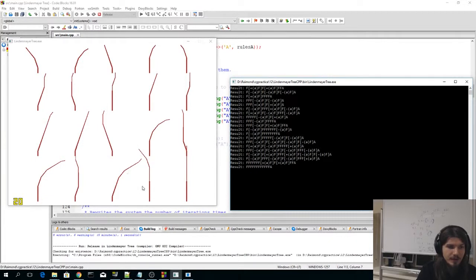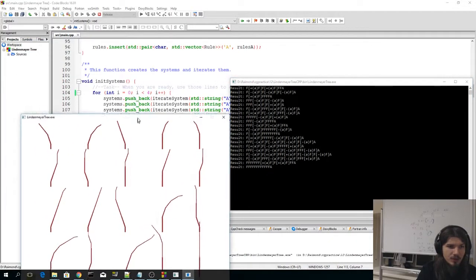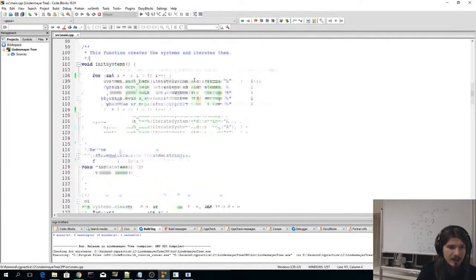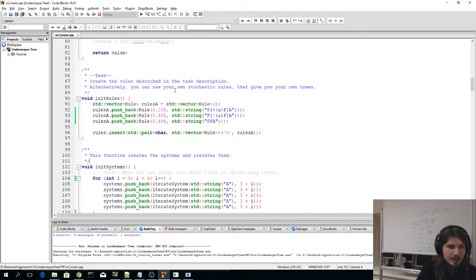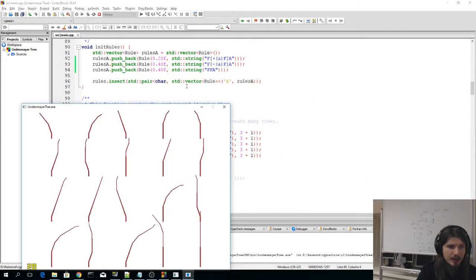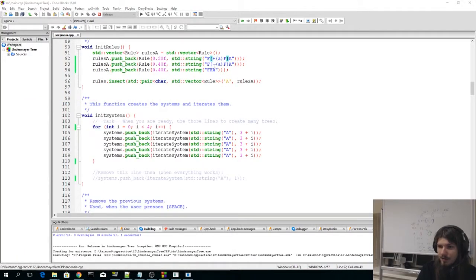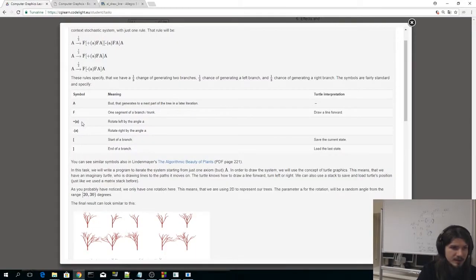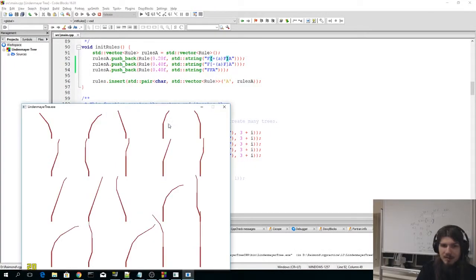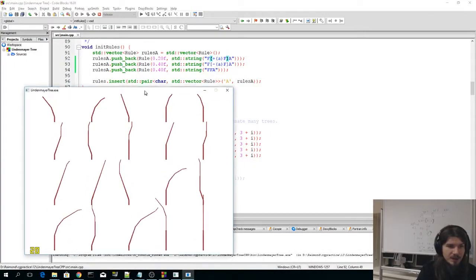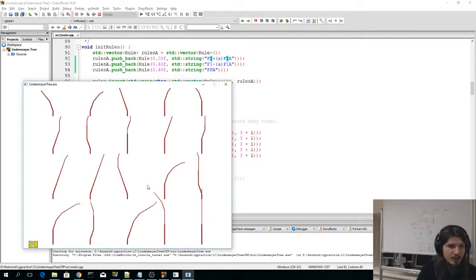and this maybe kind of looks okay. So what do the rules say? The rules said that 20% probability that we turn plus was left, right? So let's recheck this. Yeah, so plus is left. 20% chance that we turn left, 40% chance we turn right, and 40 that we keep moving forward. And it seems like many of those are turning right or moving forward, and a bit less of them are turning left.